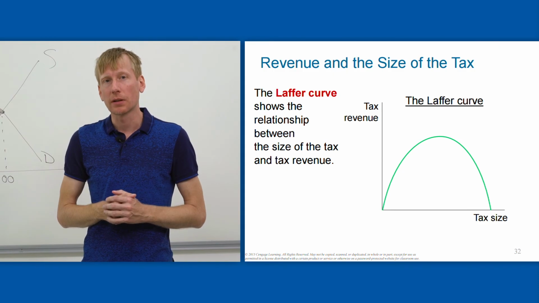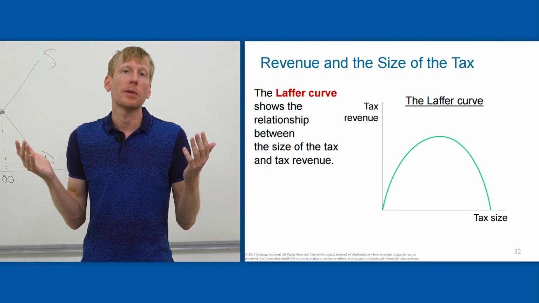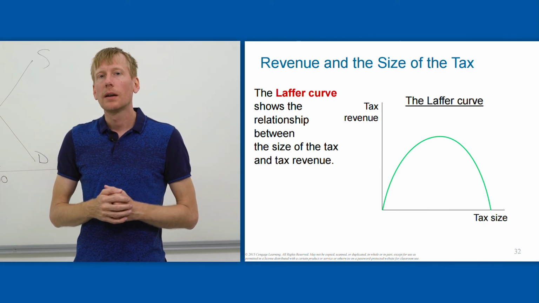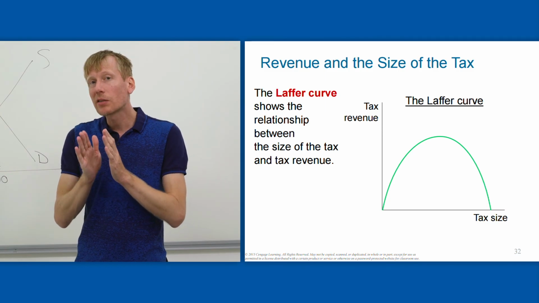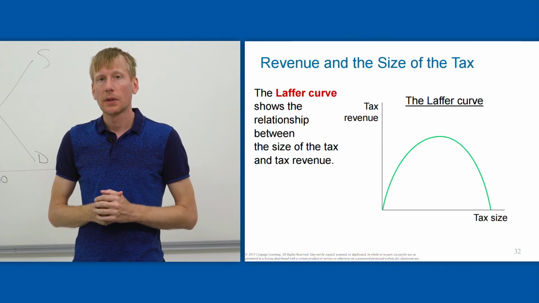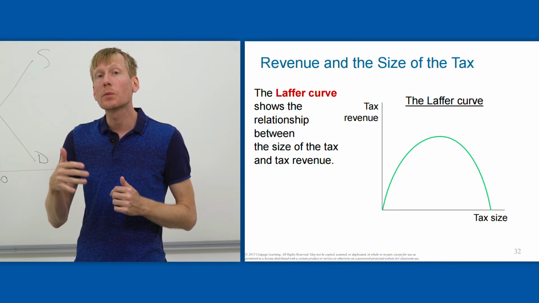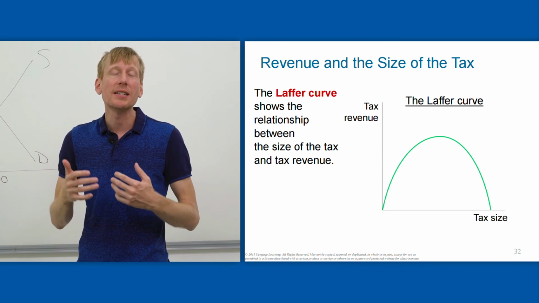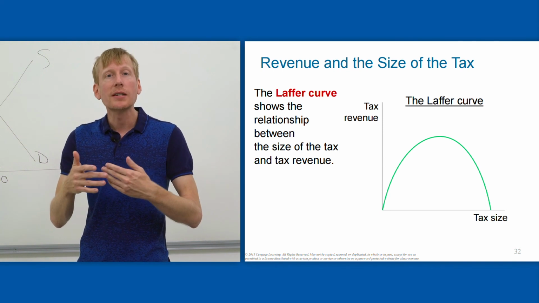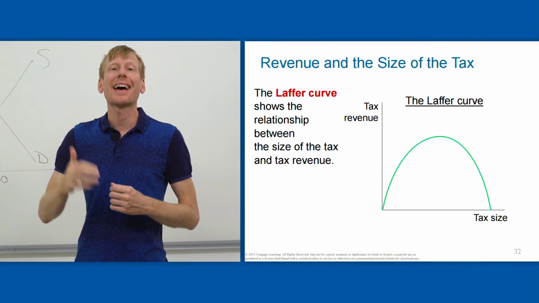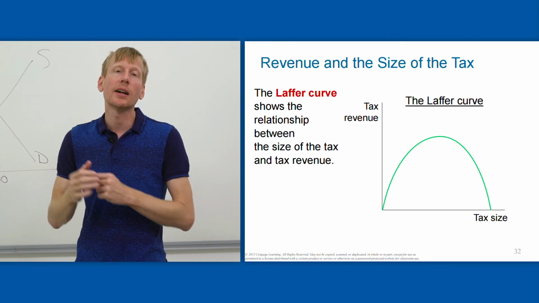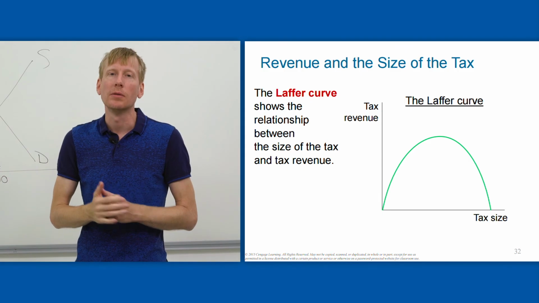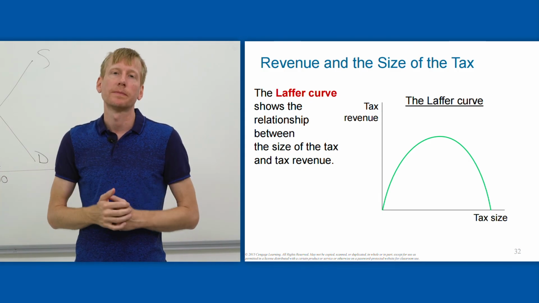The idea of the Laffer curve is that if we assume straight line supply, straight line demand, or whatever the elasticities of those curves are, if we make that assumption, as we increase any tax rate, we would see initially that the tax revenue raised by that tax would increase, but it would increase at a decreasing rate, until ultimately that tax revenue stopped rising at all as the tax rate increased. We would have some maximum tax revenue that any tax rate could achieve.